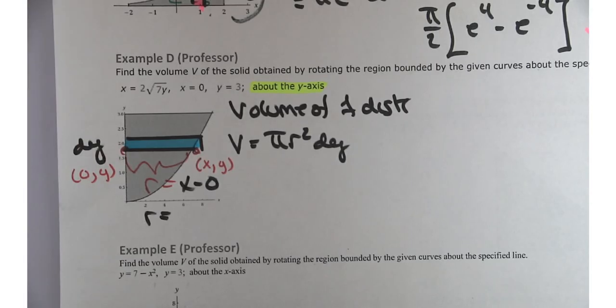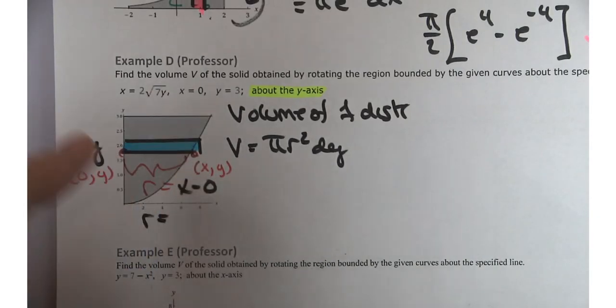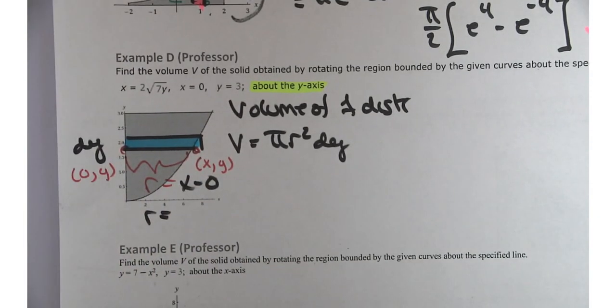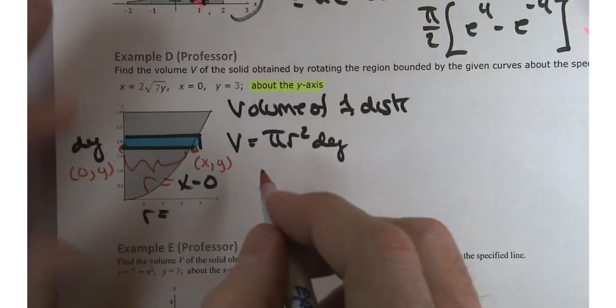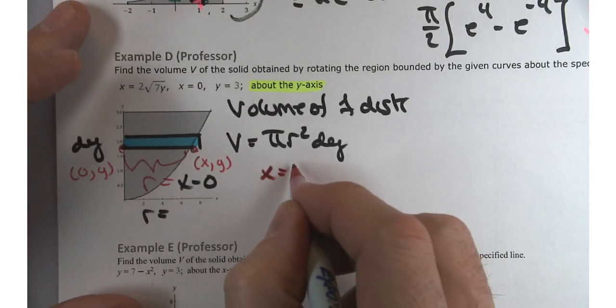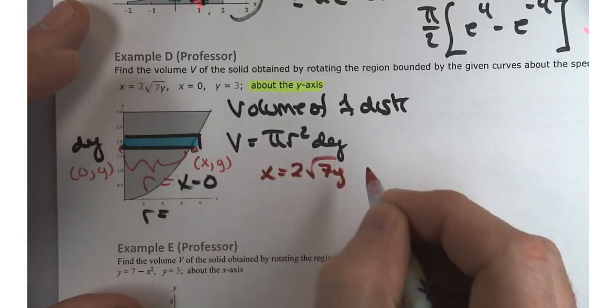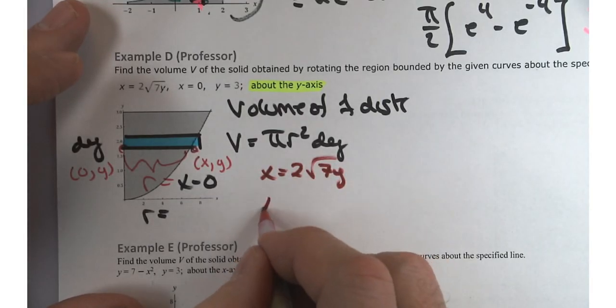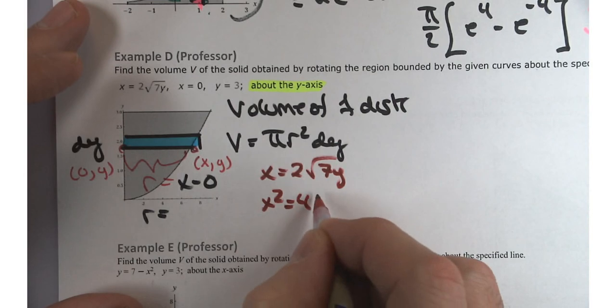Solve for what? Solve for y. All right, good. How would we solve for y? Yeah, we'll start by squaring everything, sure. So x equals 2 square roots of 7y. If I square everything, then I get x squared equals 4 times 7y.